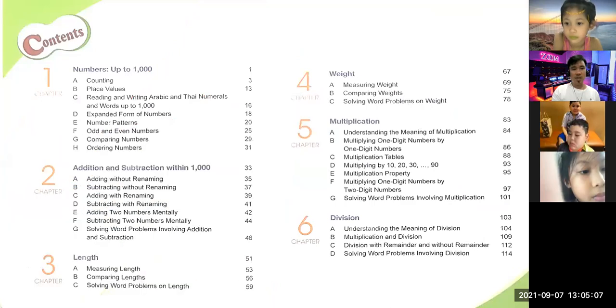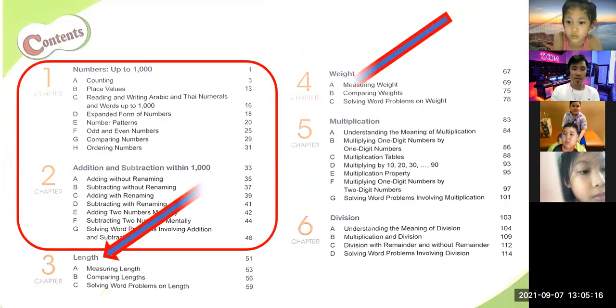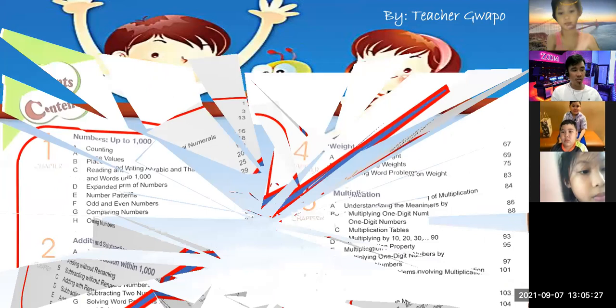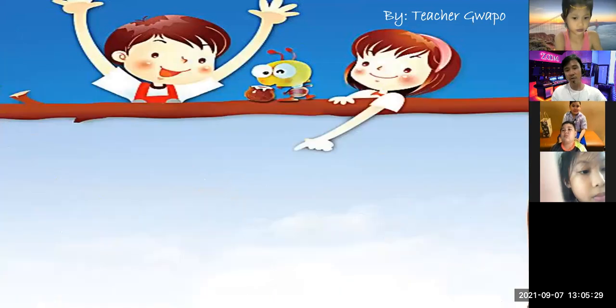We are done already in chapter 1 and chapter 2 about numbers up to 1000, and addition and subtraction, and now we are in chapter 3 talking about length, and we are in letter C, solving word problems on length. That is on page 59 if you have your textbook with you. But since you don't have it there, you can open your workbook on page 42.